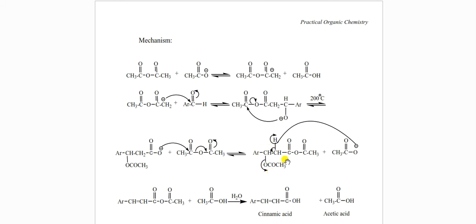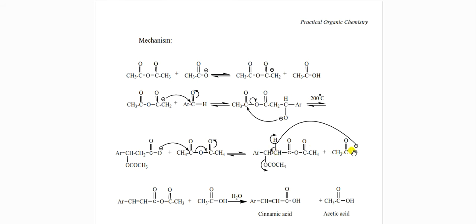Now look at the structure of this intermediate. We have a carbonyl group, which is an electron withdrawing group, also attached to the alpha carbon, which contains 2 hydrogens. Of course both of them are acidic.